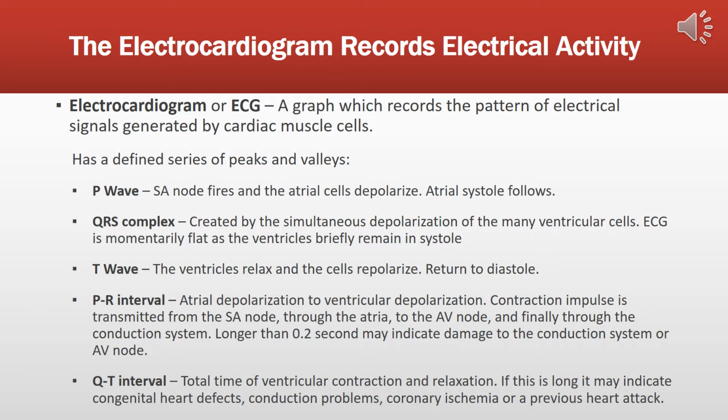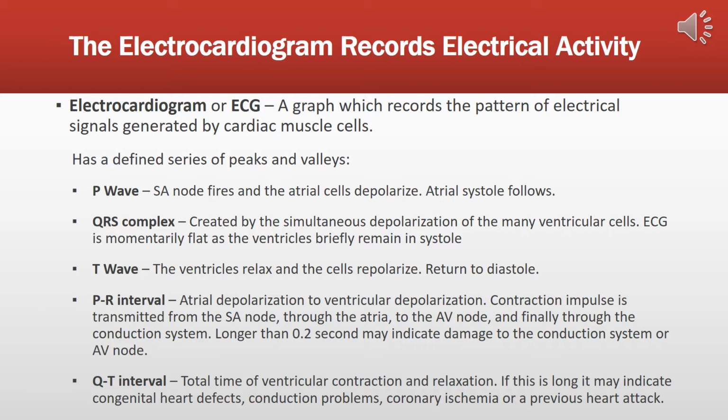This is where the ECG is momentarily flat as the ventricles are in systole, or a contraction state. In the T wave of the graph, the ventricles are relaxed and the cells repolarize, and then they return to a state of relaxation, or diastole.